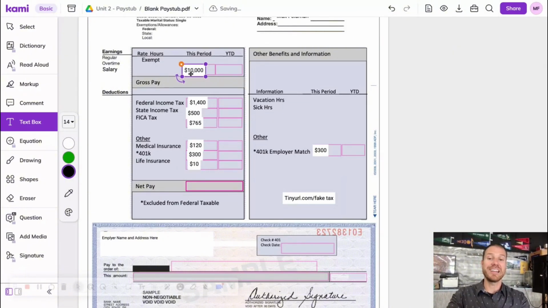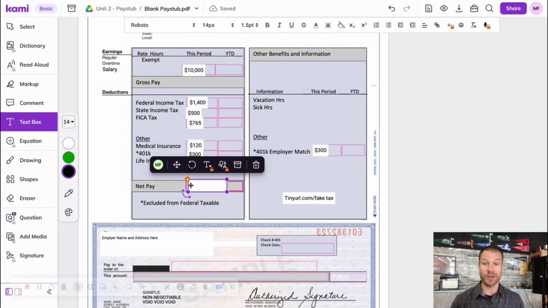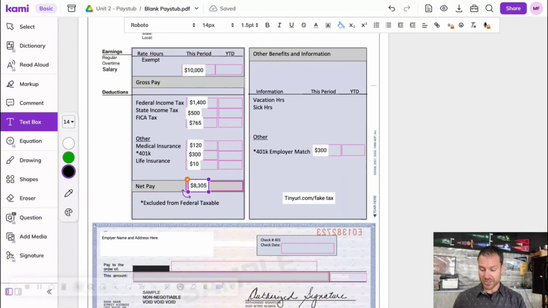If I take every one of these deductions and subtract it from my gross income, that will leave me with my net pay, my net income. So I'm going to do that right now. Using my calculator, I've got $10,000 and I'm subtracting out 500, minus 765, minus 120, minus 300, which is my 401k contribution, minus another $10 in life insurance, minus federal tax, 1,400.